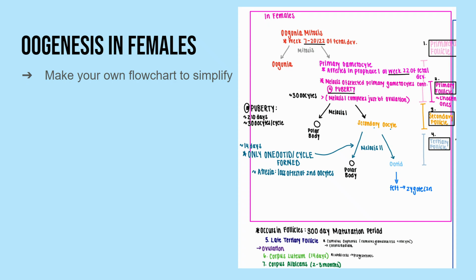So it's a primary oocyte. So already we have a difference between oogenesis and spermatogenesis. In oogenesis, we just need one round of mitosis to form the primary gametocyte. In spermatogenesis, we have two.